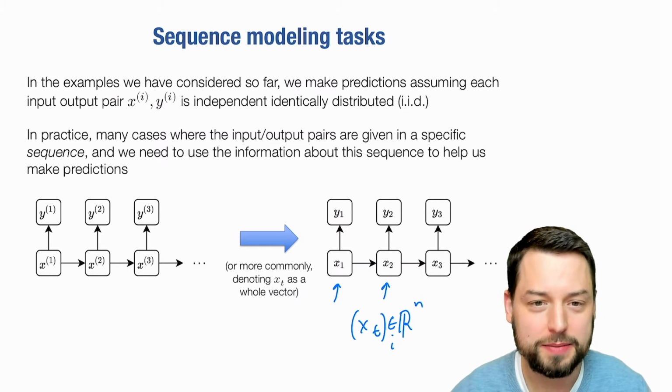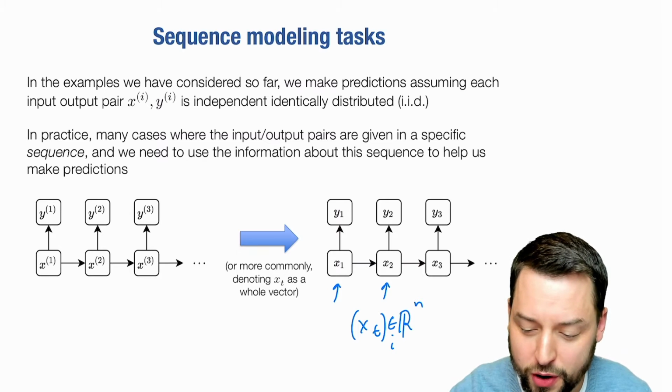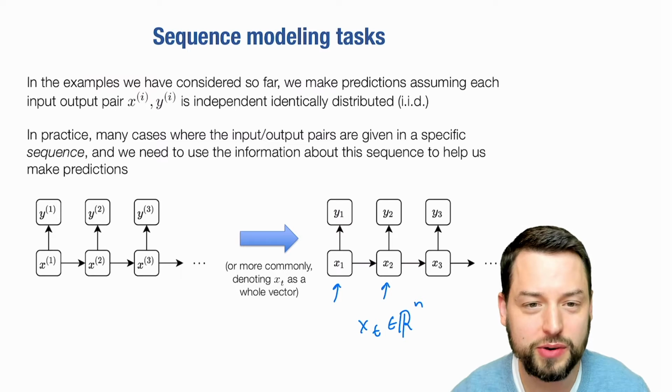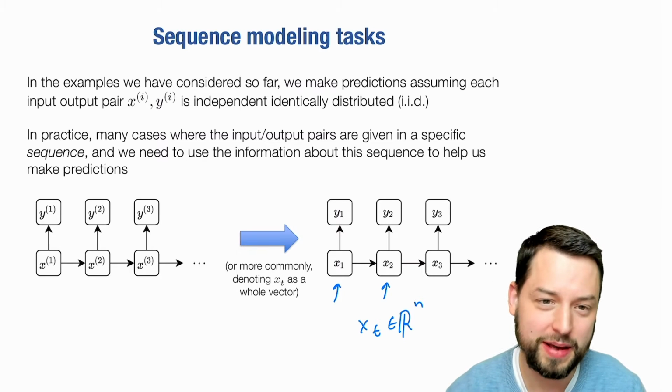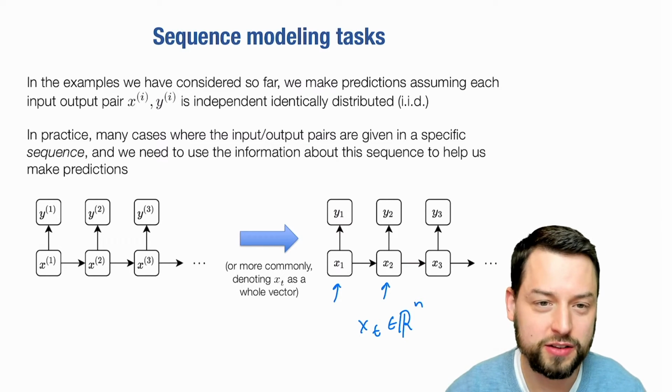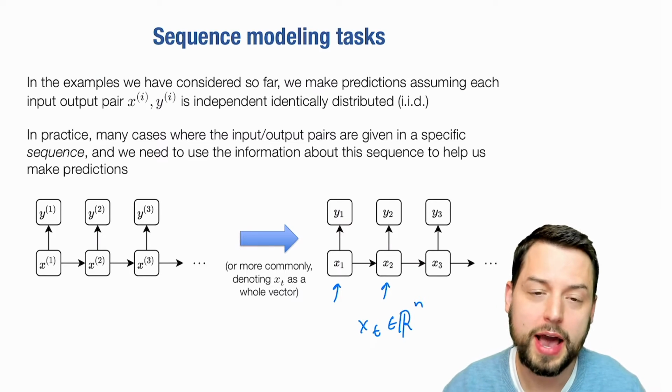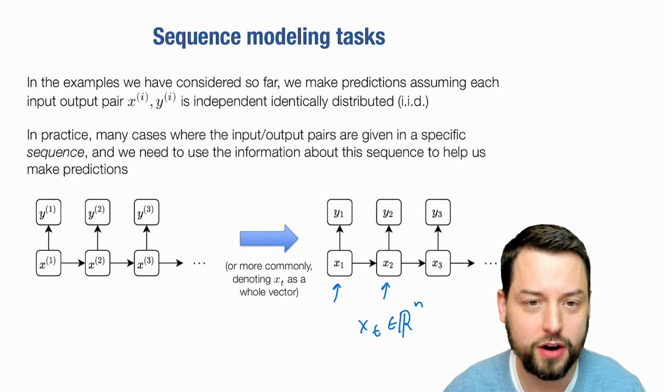But for the most part, we don't do too much work that looks at the individual entries in vectors. We typically operate on them as vectors. So it's much more convenient to use subscripts for the sequence dimension, i.e. the time dimension. And we're going to use that for the rest of the lecture today.